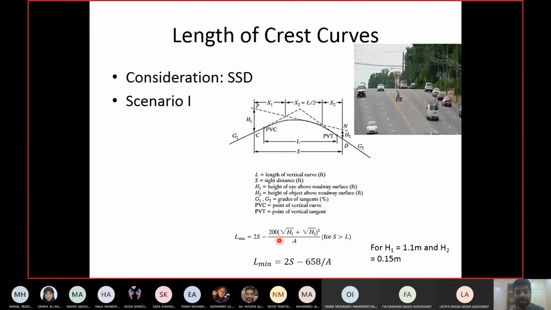Secondly, cars are lower than buses and trucks. So bus and truck drivers can see longer distances. Okay, because of their higher elevation, they can see longer distances. So the critical case is the poor guy who's sitting in the car. Okay, because his side distance will be less than other vehicles. So if I can provide enough side distance for him, then it will be enough for everybody else as well.